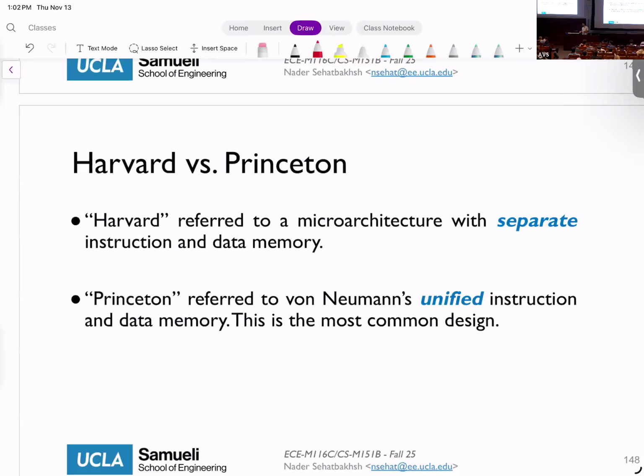Okay, Harvard architecture is when you have actually separate memory for instruction and data. In most modern systems, you have Princeton architecture, which is a unified design. Okay, so what we have covered in the class is mostly a von Neumann model, where everything was unified. So addresses could store data, they could store instructions. Just keep that in mind as well.